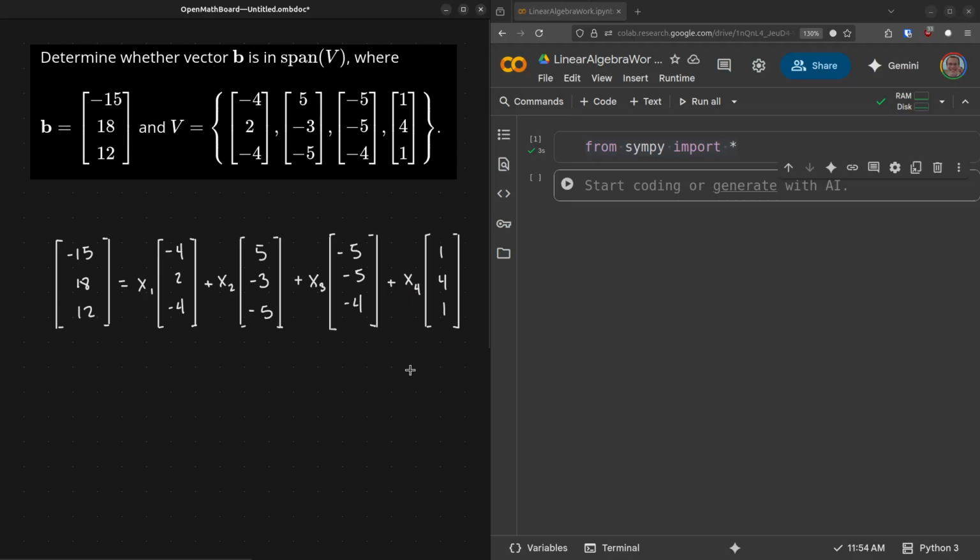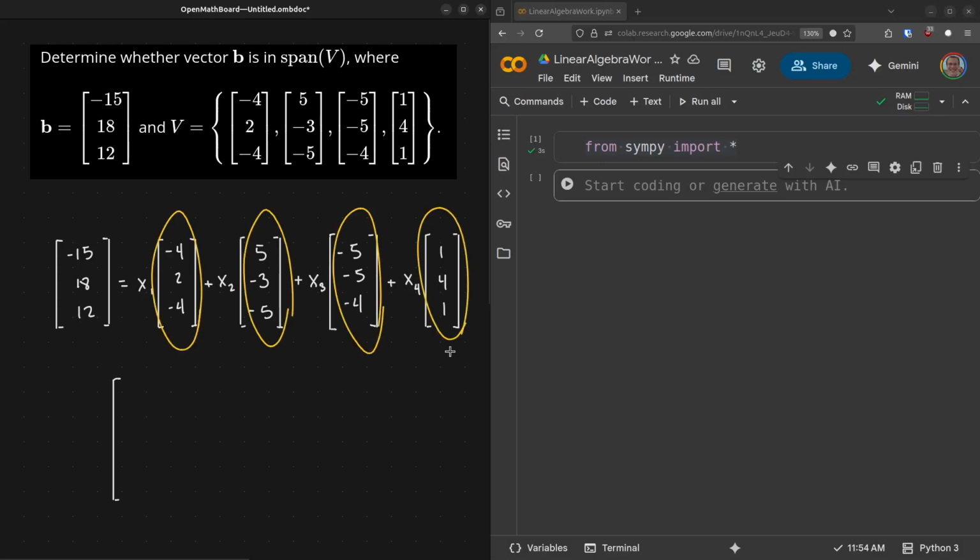Okay. Now we know that this is a different way to express a linear system of equations. So we can solve this linear system by finding the augmented matrix and getting it into reduced row echelon form. The coefficient matrix are the columns of my spanning set of vectors.